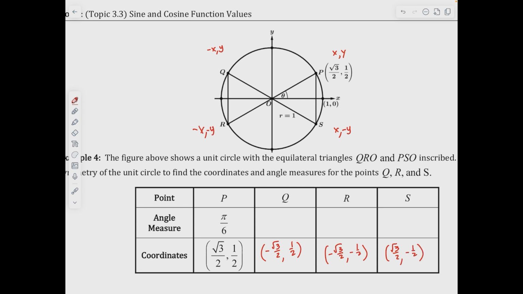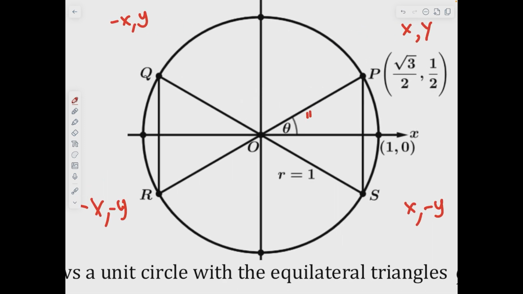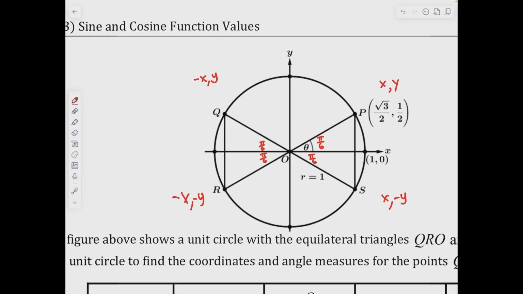As far as the angle measures are concerned, this first one is going to be pi over 6. So what that means is this spot right here is also pi over 6. This angle here is pi over 6. This angle here is pi over 6.